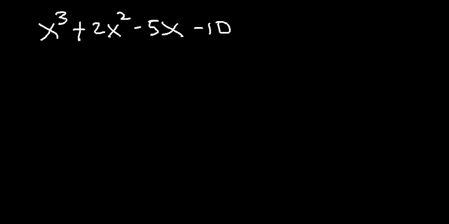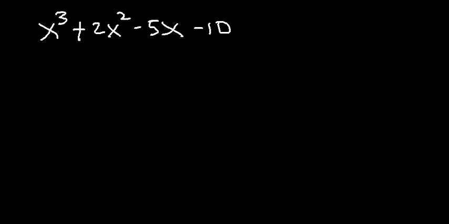So now let's say if we have this cubic polynomial, and we want to factor by grouping. Now we already used this method when we factored using the AC method, when the trinomial had a leading coefficient that wasn't 1.